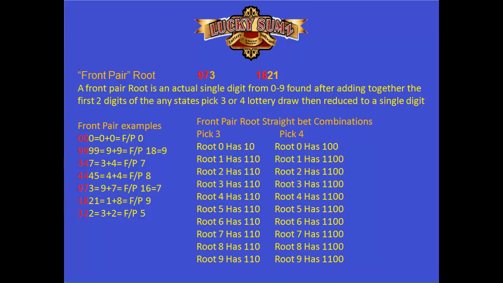Now, front pair root straight bet combination for a pick 3 reduces the 1,000 bet combinations down to 110 combinations for each individual front pair root from 1 to 9, and root 0 has 10. For the pick 4, it reduces 10,000 straight bet combinations for each individual root from 1 through 9 to 1,100 combinations, and root 0 down to 100 combinations.